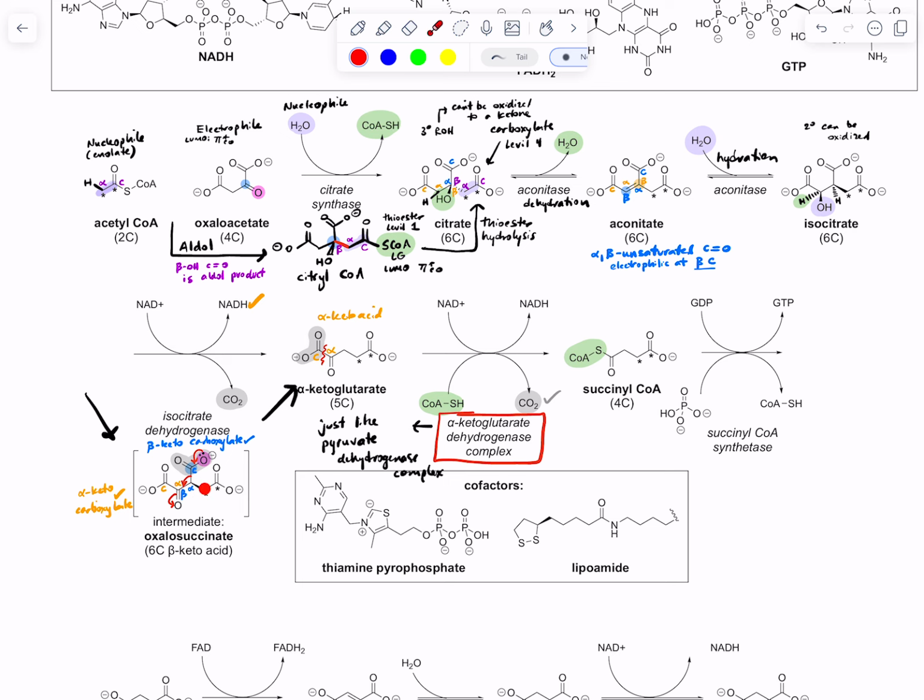It's not a different enzyme. You oxidize, and then it happens, boom, in the enzyme active site, and then that's the product. But it's important to see both things happen, because you can't anticipate that the decarboxylation is going to happen until you know that you oxidize that alcohol to the ketone.